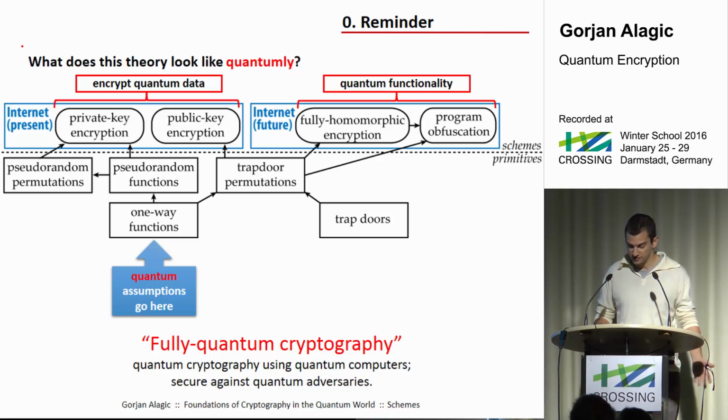Okay, so I just showed that this is the picture for fully quantum cryptography, where we're trying to do quantum functionality and use quantum data. And everybody has a quantum computer, and we want to be secure against quantum adversaries. Okay, but you can just as well think about the setting where only the adversaries are quantum.